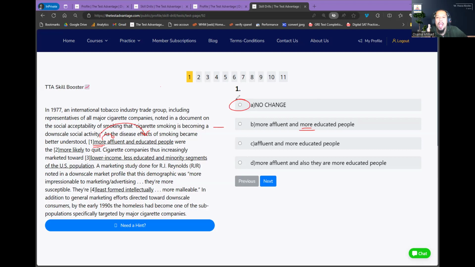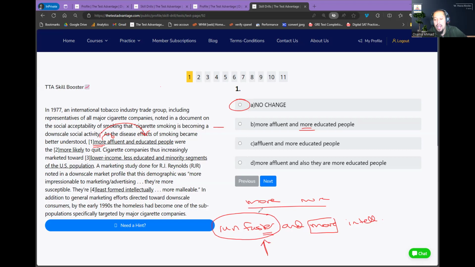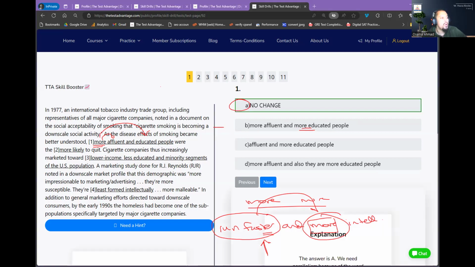That's why we say answer A. You'll ask, in the previous question, why did we say more twice? We didn't. Before, it was like run faster and more intelligent. So there was ER and after it more. If I have the word more, I don't need to repeat it twice. I only repeat it when one side has ER and the second side has more. Understood, sir? Yes.